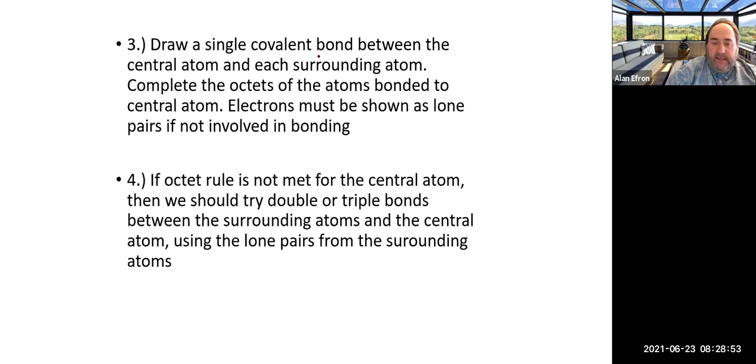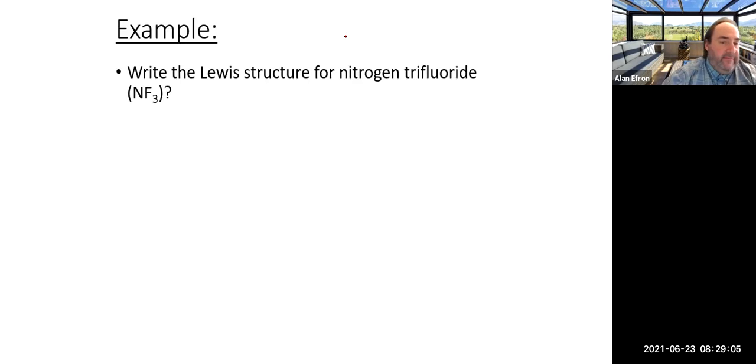All right, so let's take a look at one together, going through these steps and seeing what we should end up with. Let's take a look at NF3. If we were to draw NF3, the first thing I do personally is count up the total number of valence electrons. Remember that the number of valence electrons equals the group number.